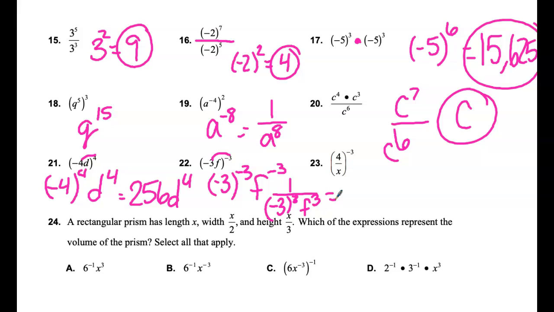Is it going to be positive or negative? Negative, because there's an odd number of negatives. So negative 27, f to the 3rd, and then 1 is above it. So it should be a fraction.